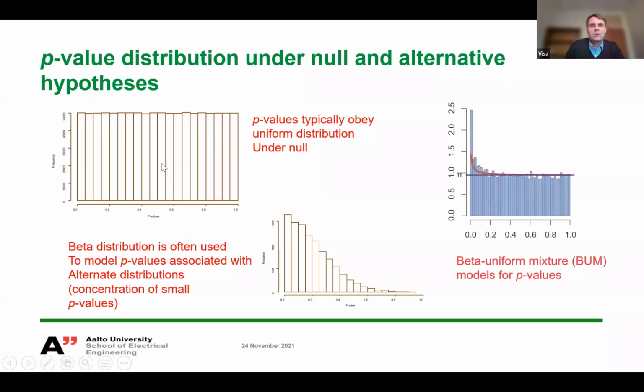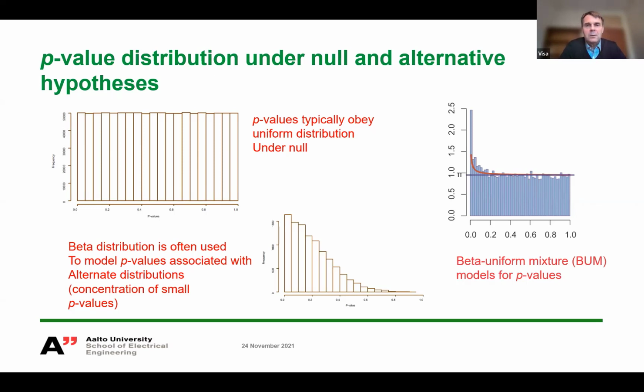These p-values have some interesting properties. First of all, the p-values associated with the null hypothesis obey a uniform distribution between 0 and 1. The p-values associated with the alternative hypothesis are highly concentrated close to 0, towards small values.